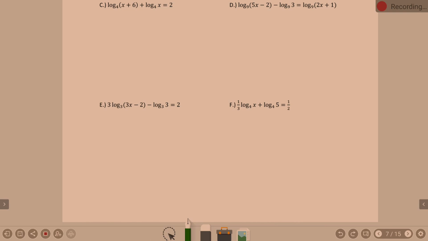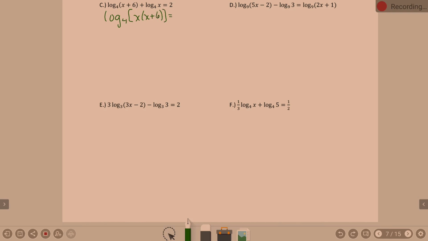Okay. Log base 4 of x plus 6 plus log base 4 of x equals 2. On the left, two logs being added could be rewritten as one log where the insides are multiplied.